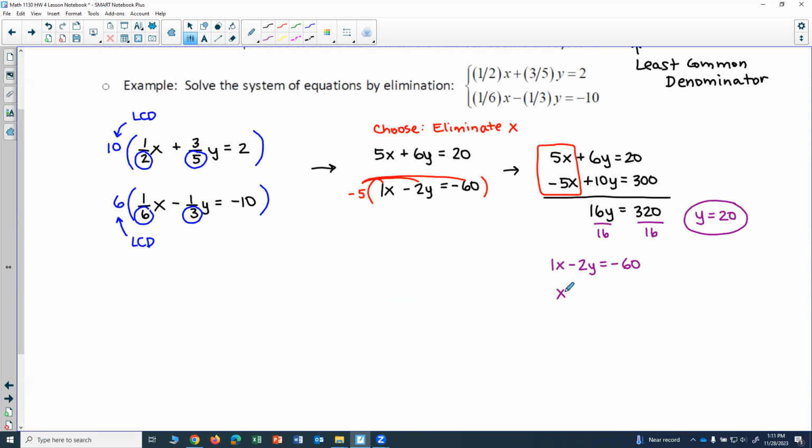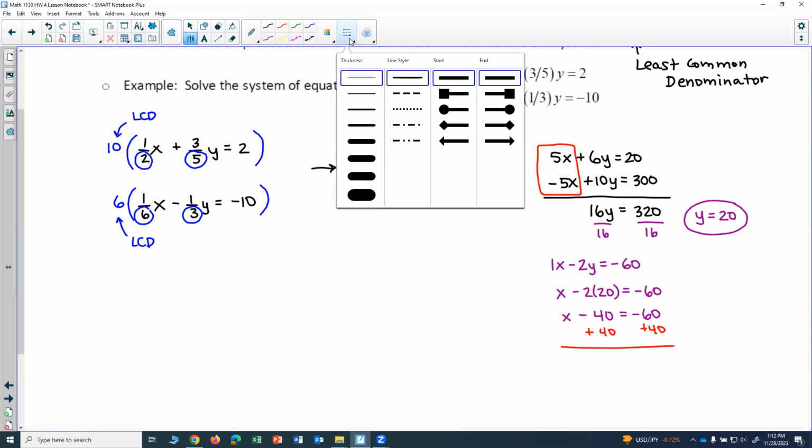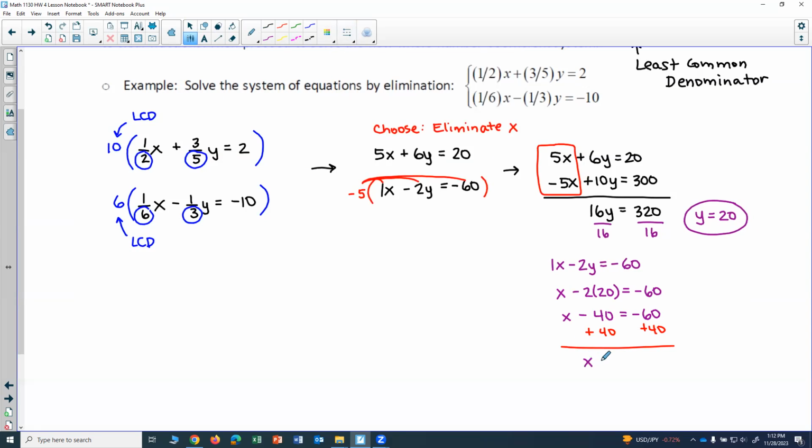So x minus 2 times 20 equals negative 60. So x minus 40 equals negative 60. I'm going to add 40 to both sides, and I end up with my x value being negative 20. So x equals negative 20.